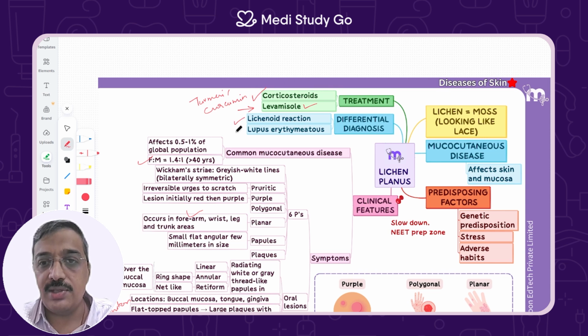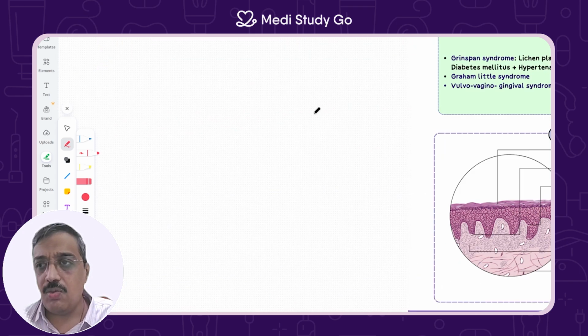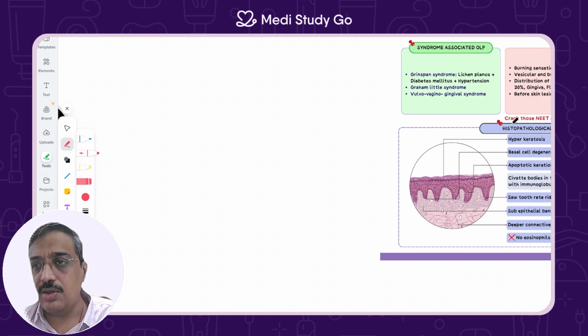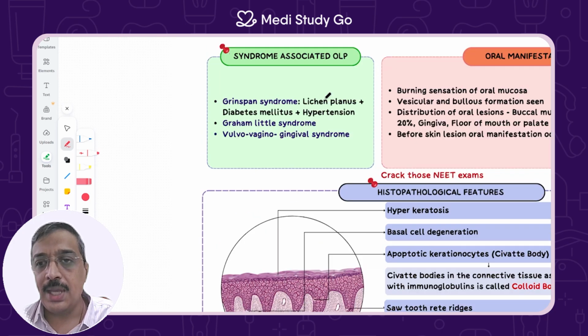The commonest differential diagnosis would be the other lichenoid tissue patterns, like the lichenoid reaction because of an allergic condition. So when you speak about lichenoid reaction, one characteristic syndrome that we should discuss would be the Greenspan syndrome. Now, Greenspan syndrome is thought to be associated with lichen planus, diabetes mellitus, and hypertension.